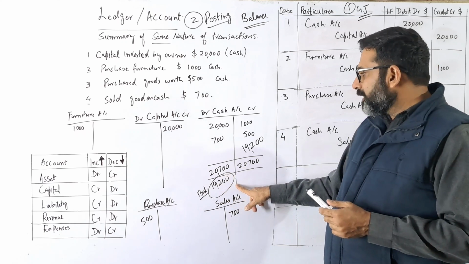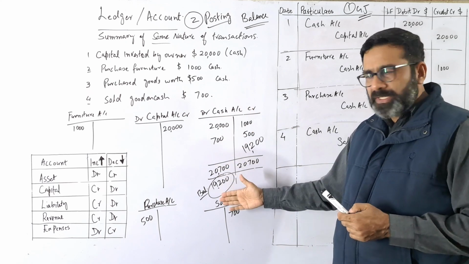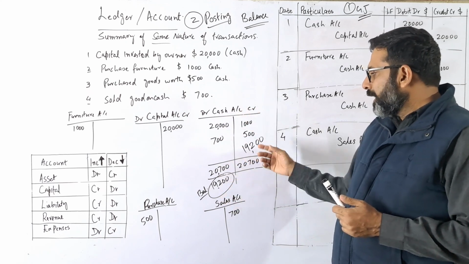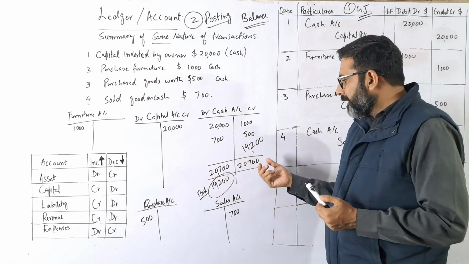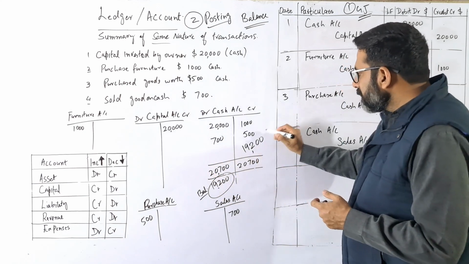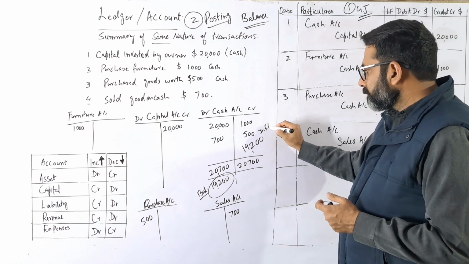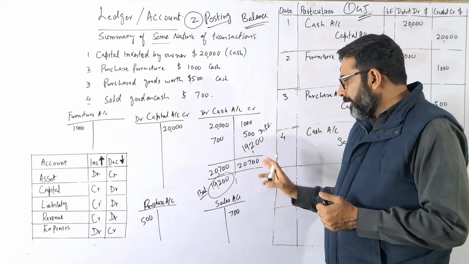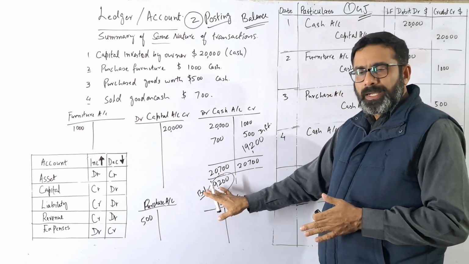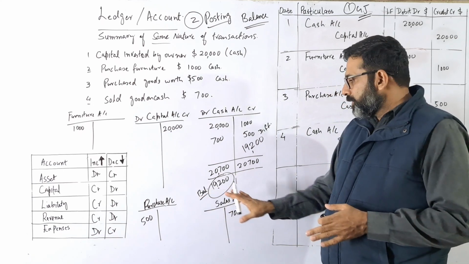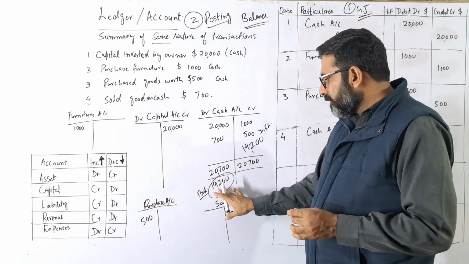So this is a very basic thing: we total the debit side, we total the credit side, and we see which side is heavier. We write the same amount on both sides, and then the difference we write. So this is simply a difference of the debit and the credit, and then we see which side is heavier and write the balance on either the debit side or the credit side. So here we have a balance of 19,200.